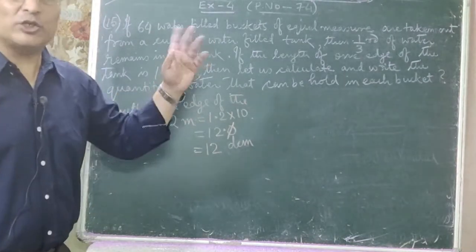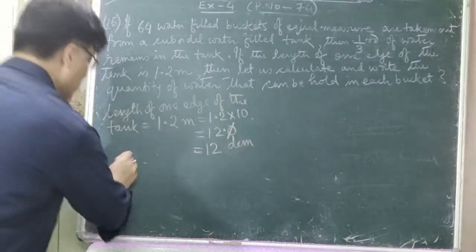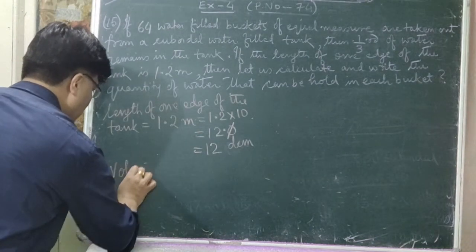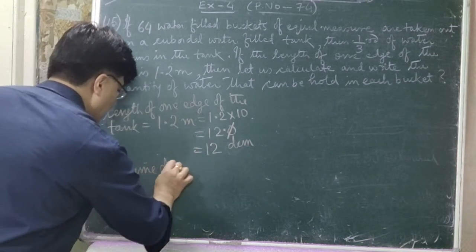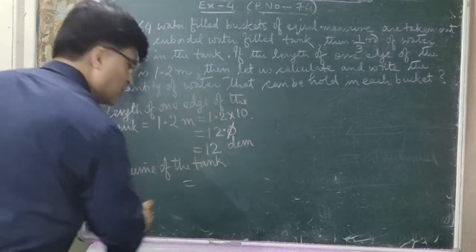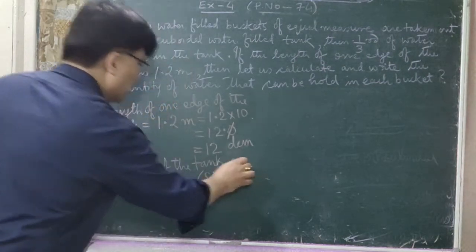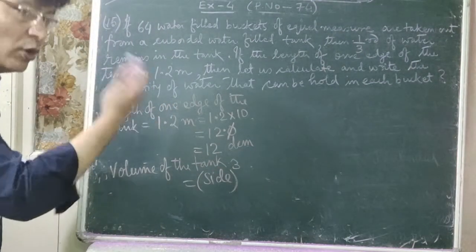What is the volume of the tank? The tank is of cube shape, so the volume of the tank is equal to side whole cube, or length of each edge of the cube whole cube.